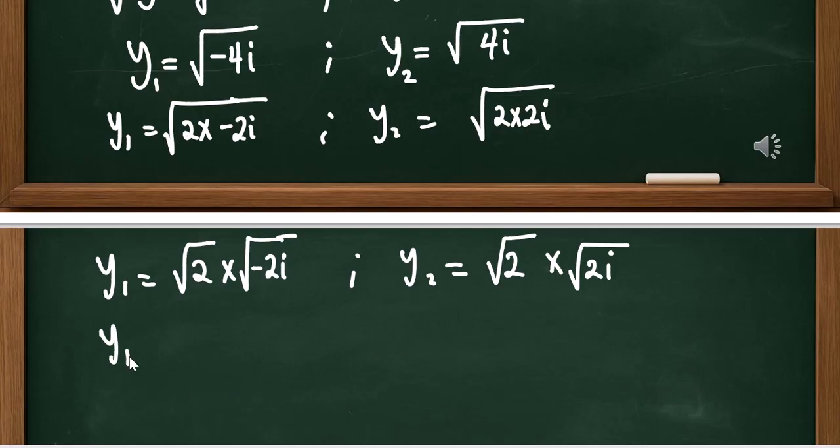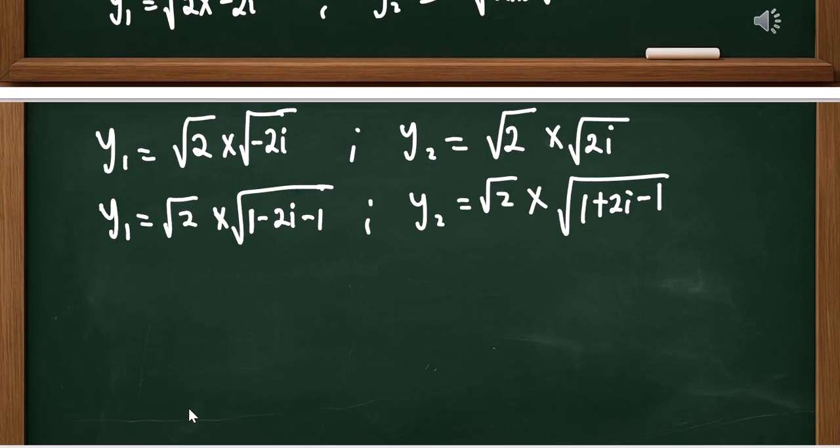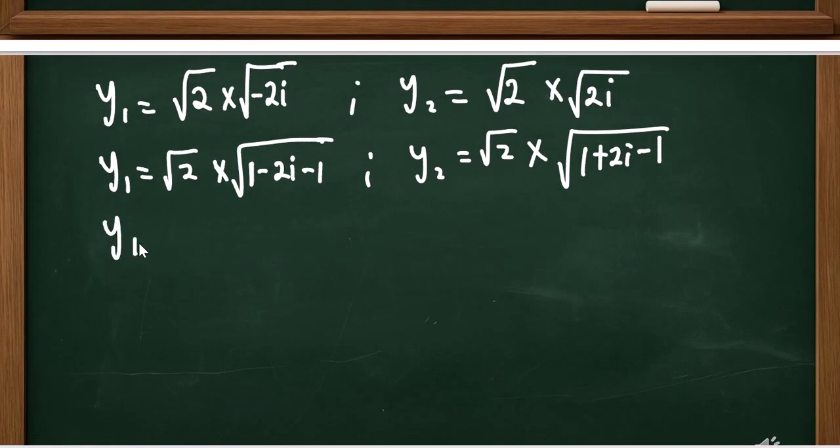Now, for the first part, I have the square root of 2 times the same thing I did with the previous method, 1 minus 2i minus 1. I'm going to do the same thing here, which is the square root of 2 times the square root of 1 plus 2i minus 1. Now for my y1, I'm going to have the square root of 2 times 1 minus 2i plus i squared.